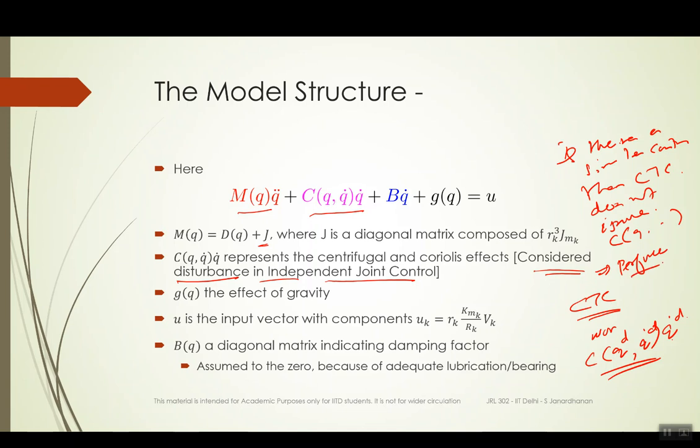So is there a simpler controller structure than the complicated computed torque control that does not ignore the Coriolis and the centrifugal forces, does not consider them as disturbances, however gives a good performance, and doesn't have an error that is proportional to the magnitude of these effects.